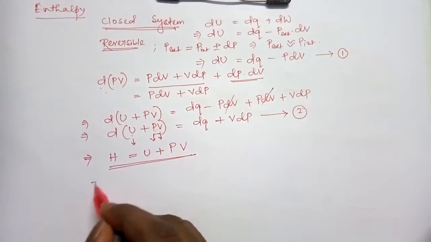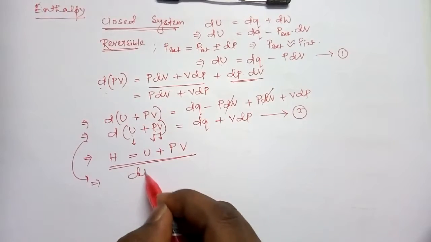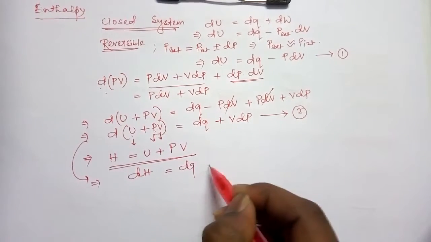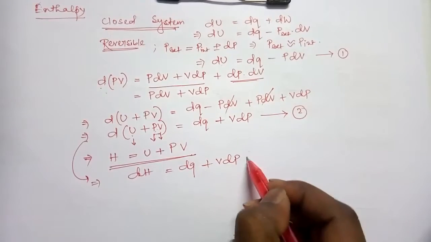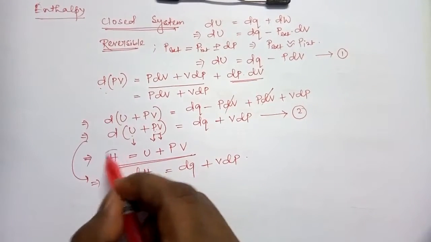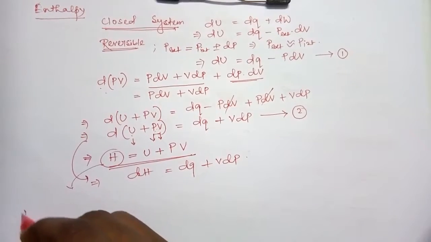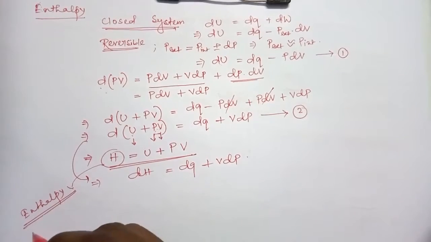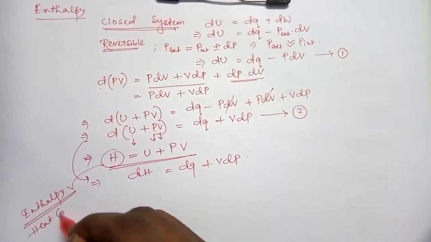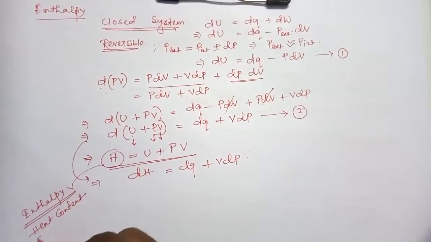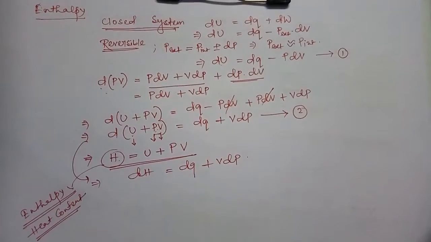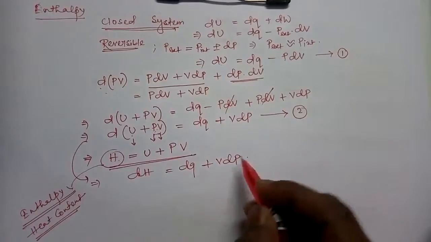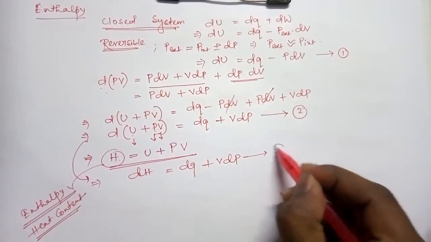So from that equation, dH equals dq plus VdP. This is the enthalpy, or we can term it as heat content. That is, H equals U plus PV and dH equals dq plus VdP. This we can term as equation number 3.